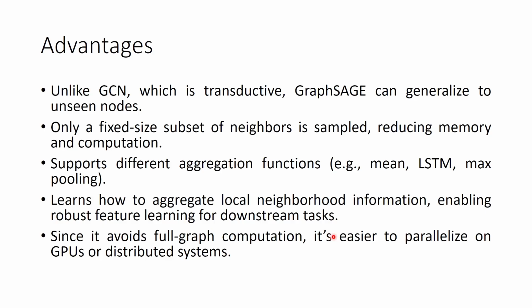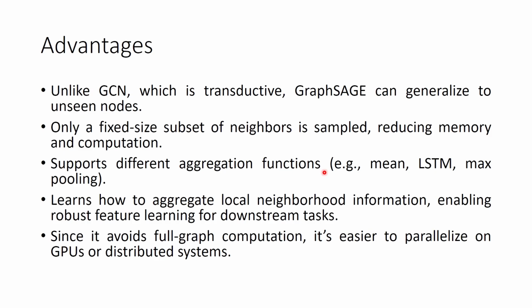There are six main highlighted advantages of GraphSAGE. Only a fixed size subset of the neighborhood is sampled, which reduces memory consumption, due to its sampling method.